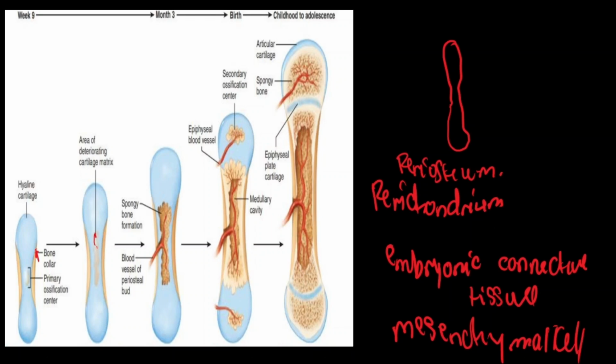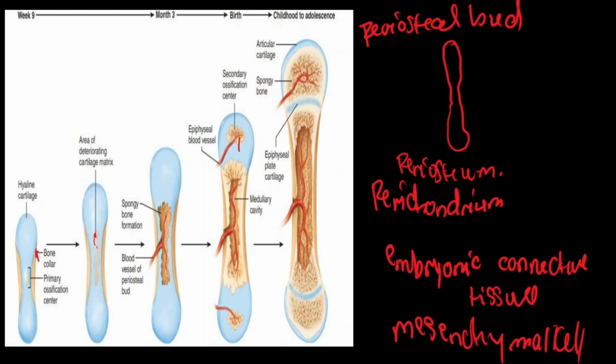picture. What happens in the third picture here is that the periosteal bud invades the internal cavity and the spongy bone forms. Now, what exactly is the periosteal bud? The periosteal bud is made of the nutrient artery and the vein. It's made of the red marrow cells or the red marrow elements.